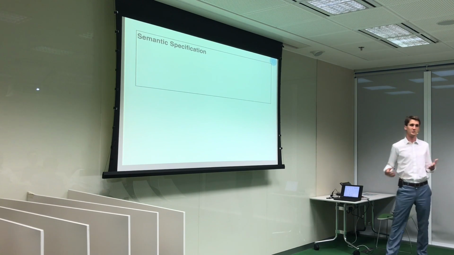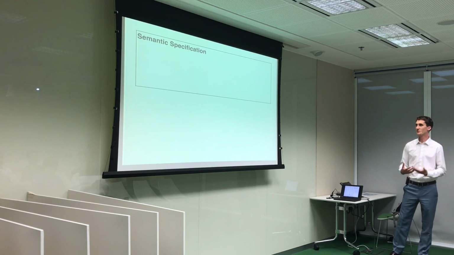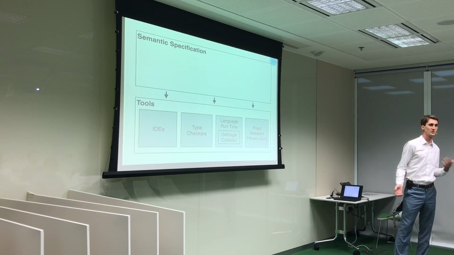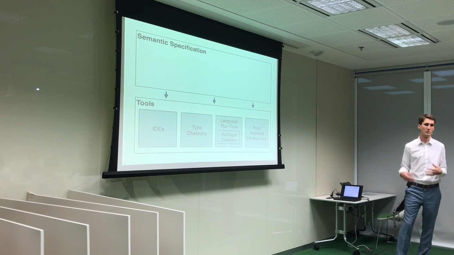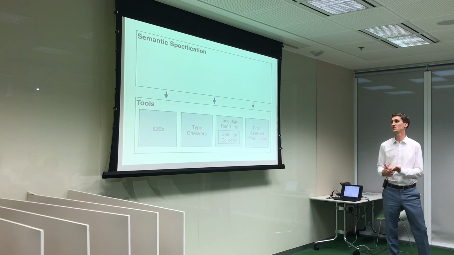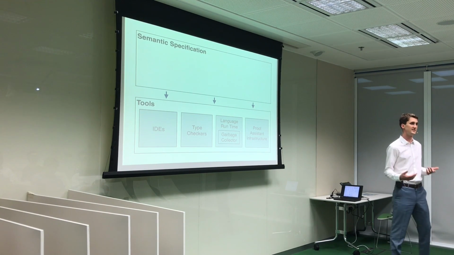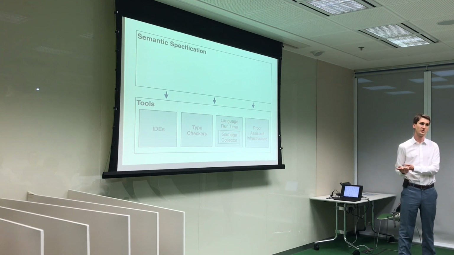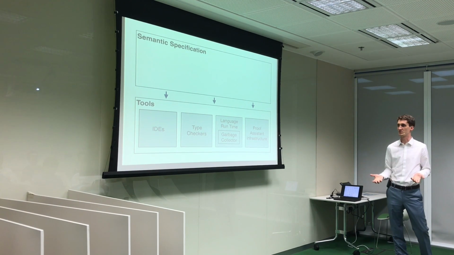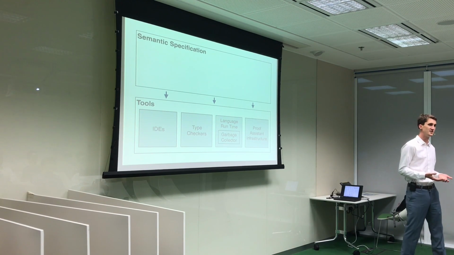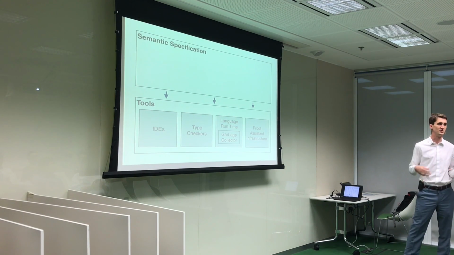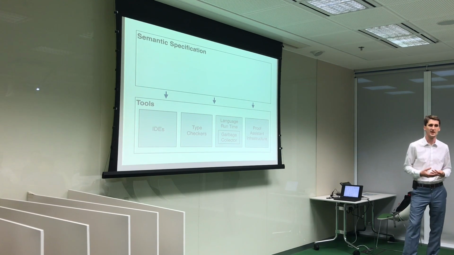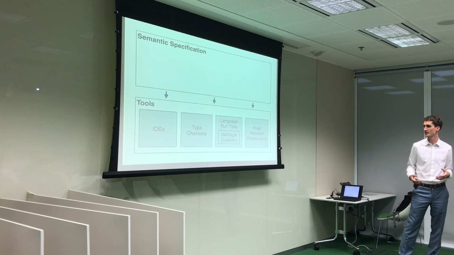Well, the idea is that we want to have one specification for a language, and from this specification we want to derive all the tools, all the machinery that you have around a language. So you want not only a runtime, that means something to execute your program in that language, but you want a type checker or things to assist you when you write programs, an IDE, I mean a real one that can do name resolution, that can give you the type of the term you write, that can do syntax highlighting.